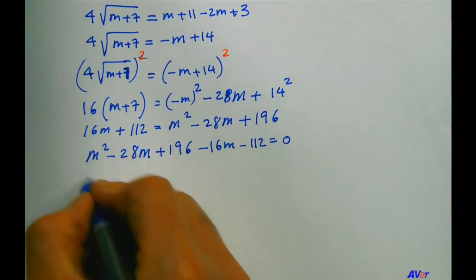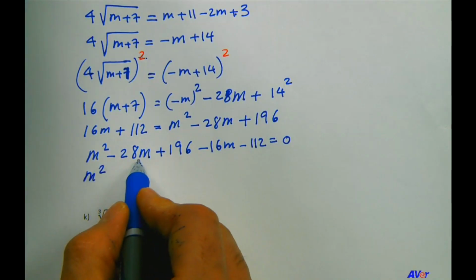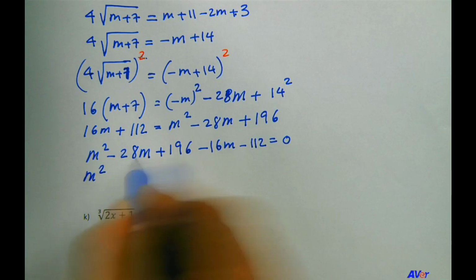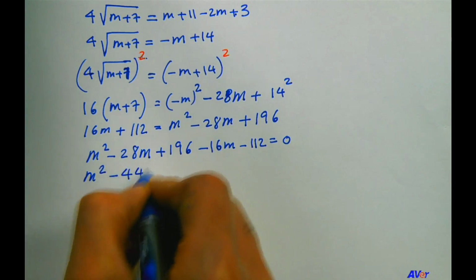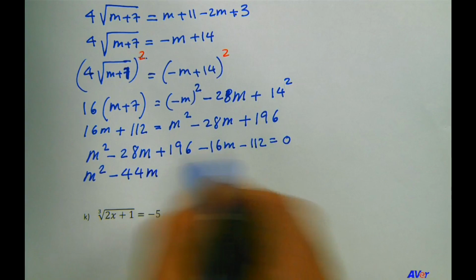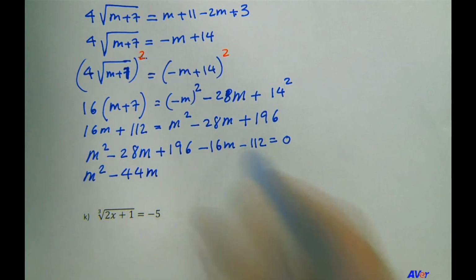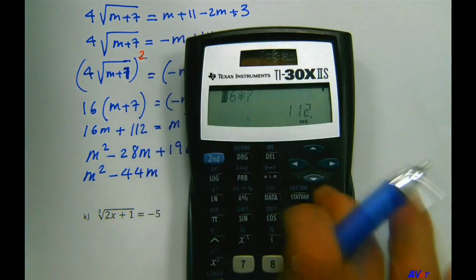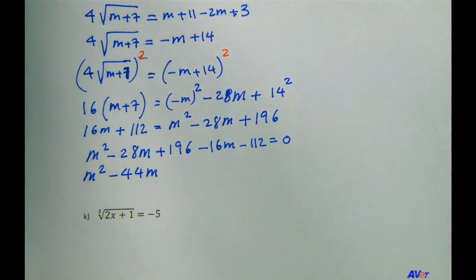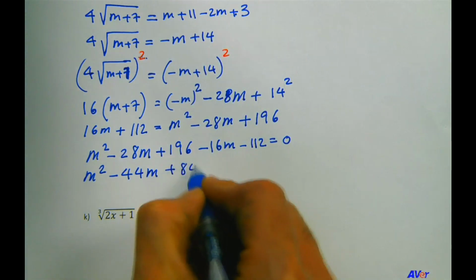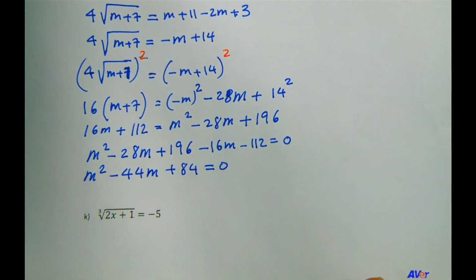So let's simplify. We get m squared, minus 28m and minus 16m, that is minus 44m, right? Yes. So minus 44m. 196 minus 112, what do we get? 84, positive 84, equals 0.